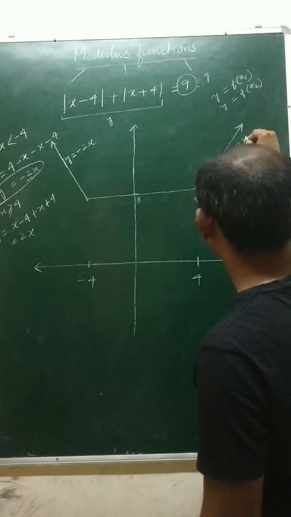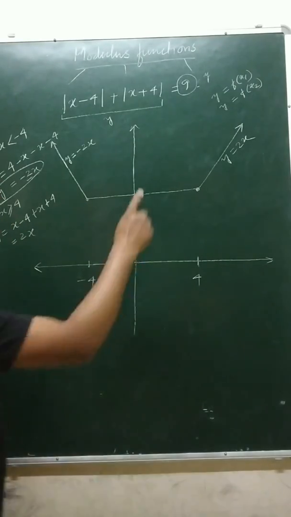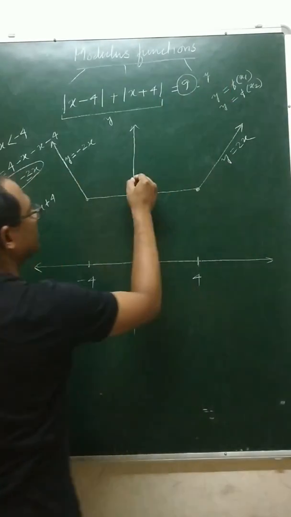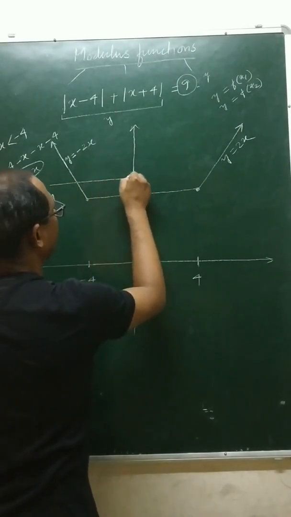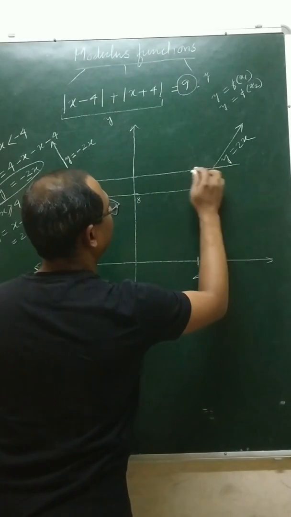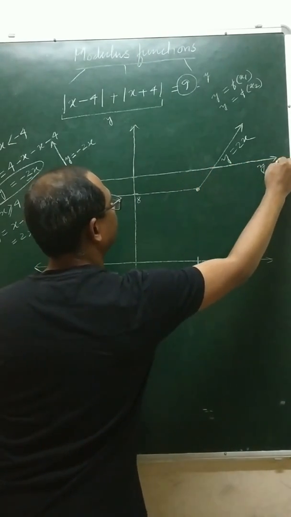Now then, we are looking for y equal to 9. Y equal to 9 will be somewhere here. This is the line y equal to 9.